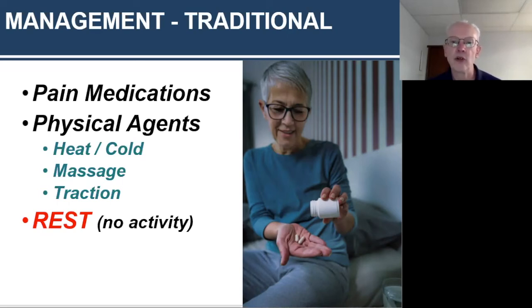The same with cold, massage, and with traction. I'm not saying that these are not helpful, but they're an adjunct. They're not the primary indication. These things by themselves won't take care of the process of healing mechanical low back pain. They won't expedite the recovery process.